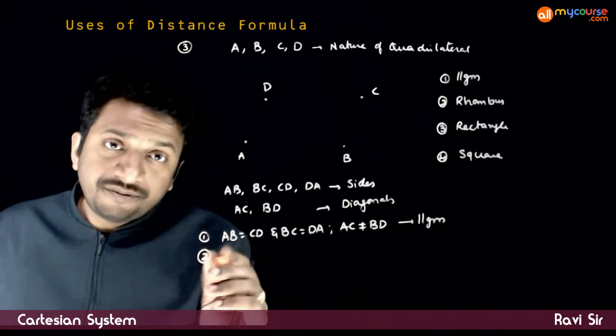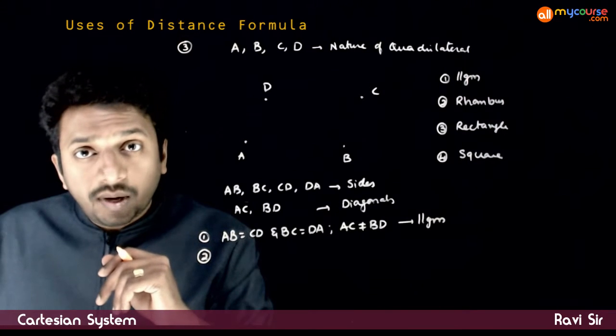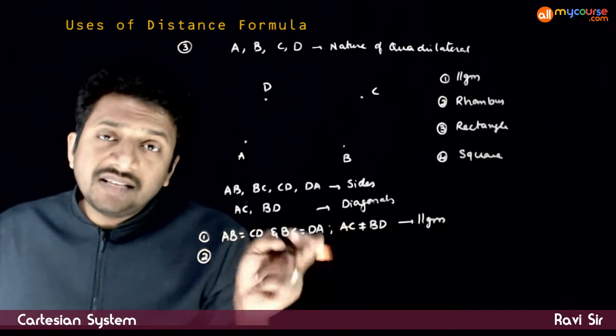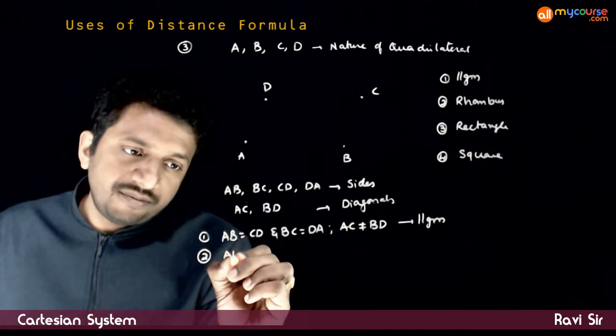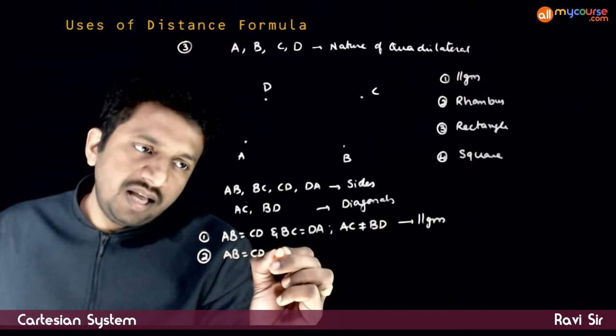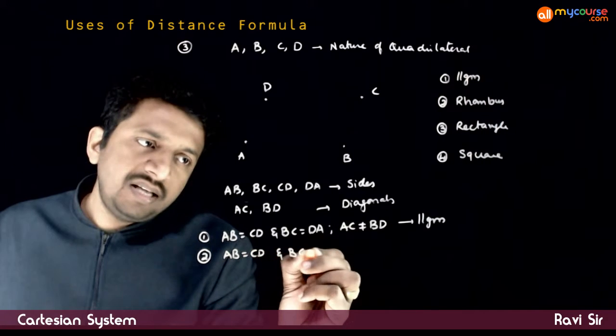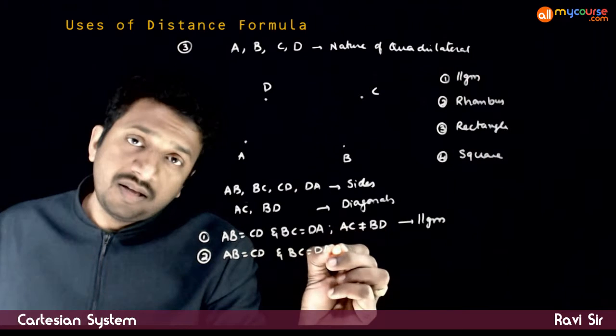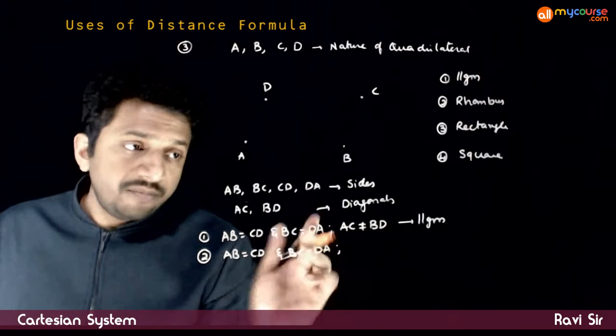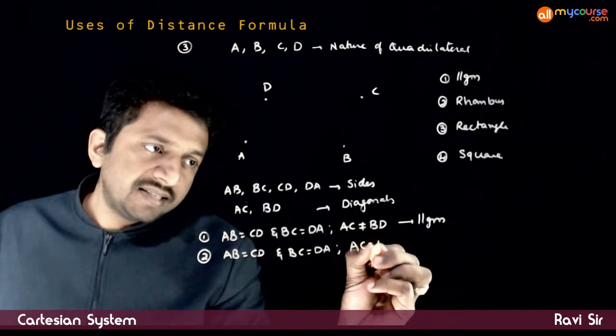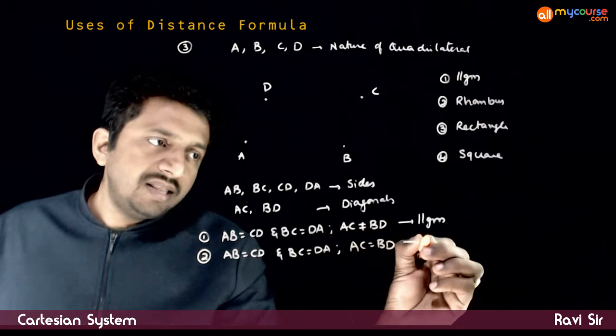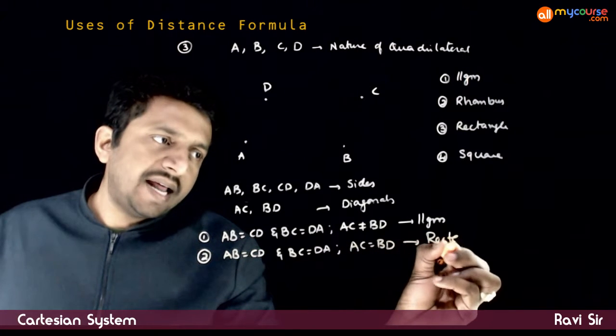Next, if opposite sides are equal and the diagonals are also equal, if AB is equal to CD and BC is equal to DA, if opposite sides are equal as well as the diagonals are equal, then the figure becomes a rectangle.